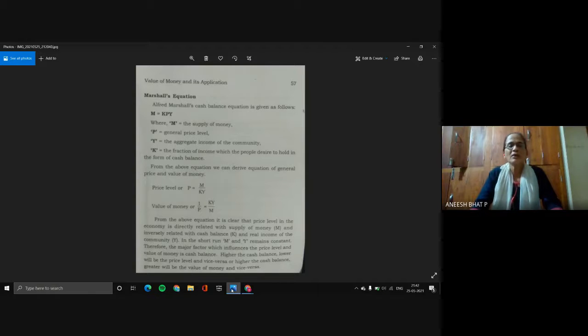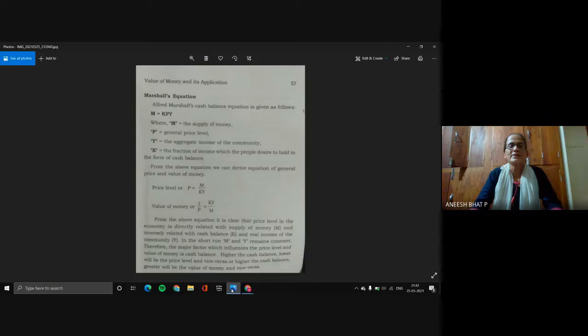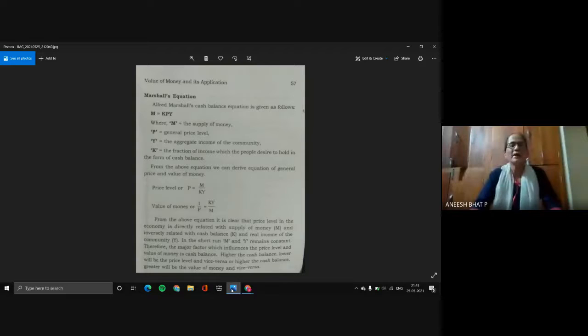Okay. Then what about the value of money here? Value of money is the reciprocal of price level, inversely related to price level.